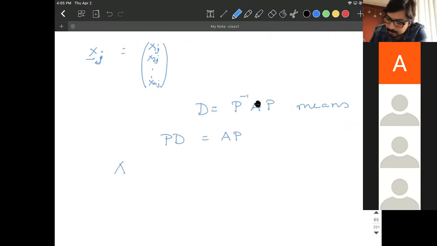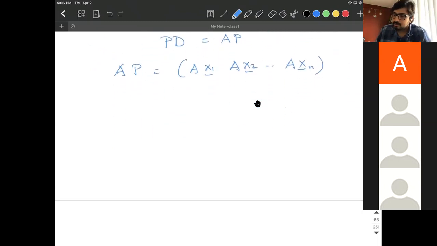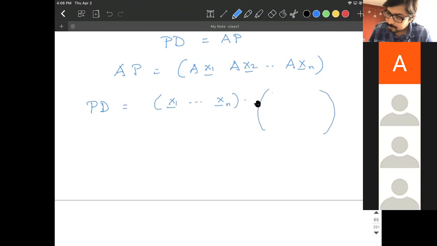A times P is simply A times x1, A times x2, up to A times xn. This is just matrix multiplication. And P times D is x1 up to xn times this diagonal matrix.